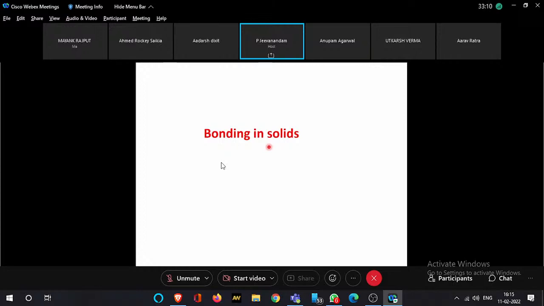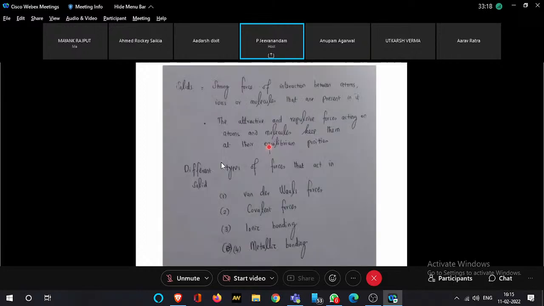The first topic in solid state chemistry is bonding in solids. Now, all of you know the material, you can have different types of forces holding together these atoms or molecules or ions in a solid. Obviously, the attractive and repulsive forces will be acting on the atoms and molecules, and then you will have an equilibrium position.